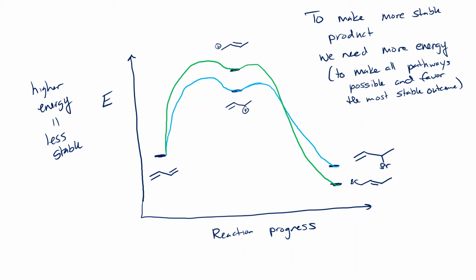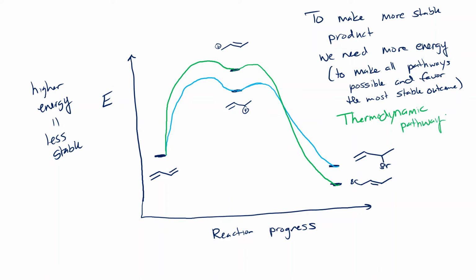We call this the thermodynamic pathway. So more energy is the thermodynamic pathway. That is the green path on the reaction coordinate diagram. Thermodynamic pathway.